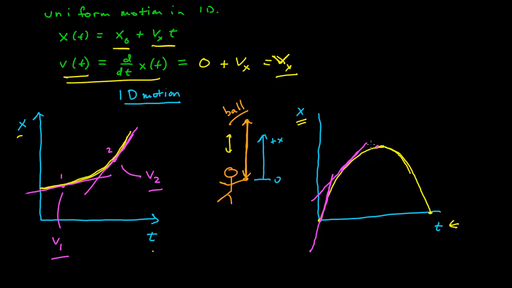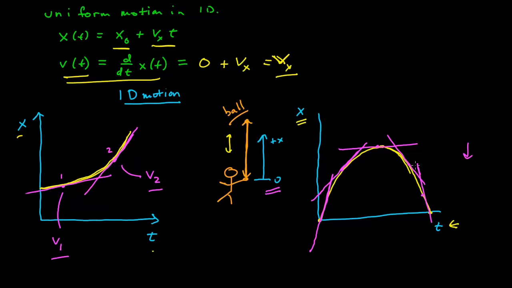At the very top, the slope of the tangent line is horizontal, which is 0, and that tells us the velocity is 0 at the apex, at the highest point. And then, as it turns around, the velocity goes negative, because now the velocity is down in the negative x direction as I've defined it in our coordinate system. And then it continues to accelerate, and we can see that as the slope of the tangent line gets steeper.